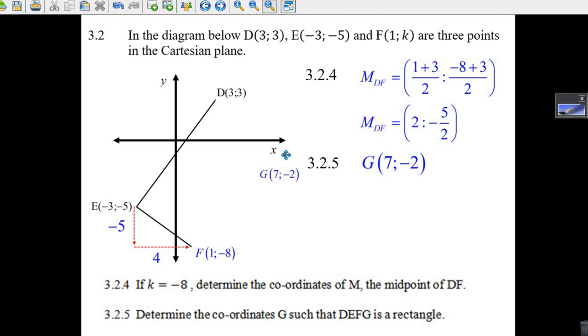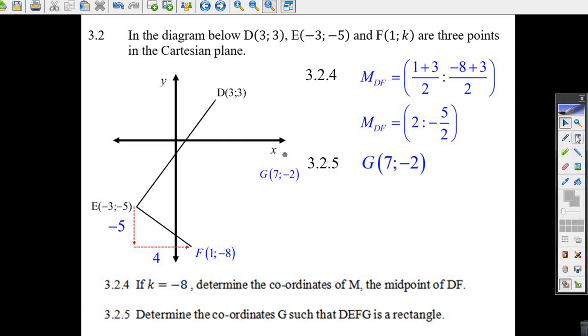How are we going to do that? Well, if we know that's 90 degrees, all we do is we look at what's happened going from E to F. What's happened? Well, the y coordinate was at minus 5, and now it's at minus 8.